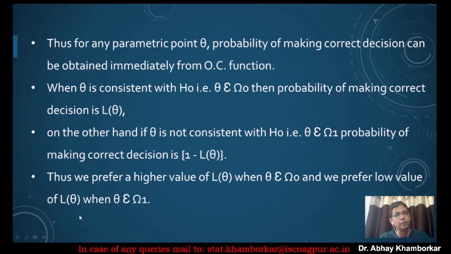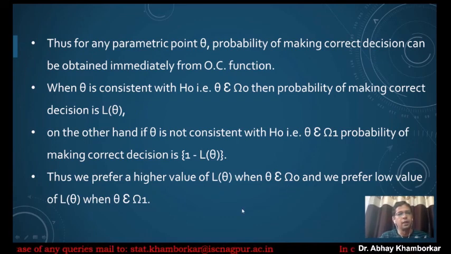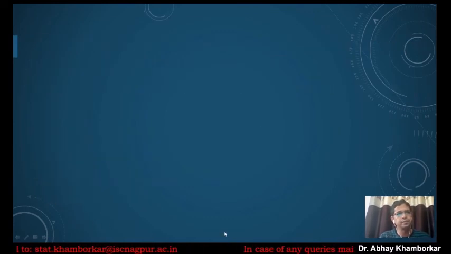That means we prefer a high value of 1 minus L theta, right? So we prefer a higher value of L theta when theta belongs to omega naught, and a lower value when the alternative hypothesis is true. In other words, we prefer higher values of 1 minus L of theta. So that is nothing but the OC function.